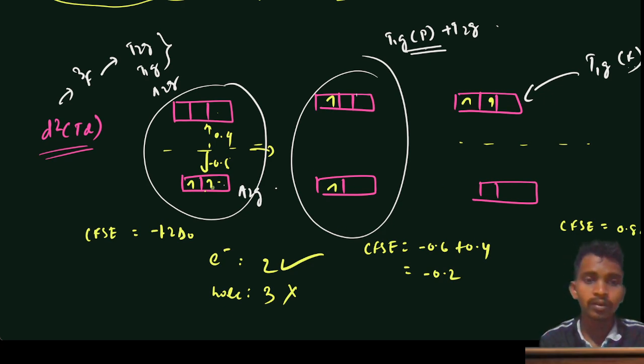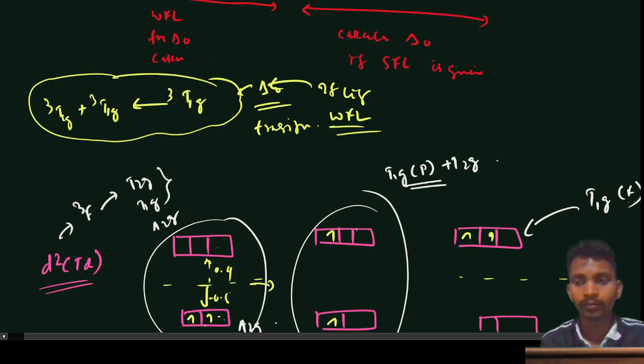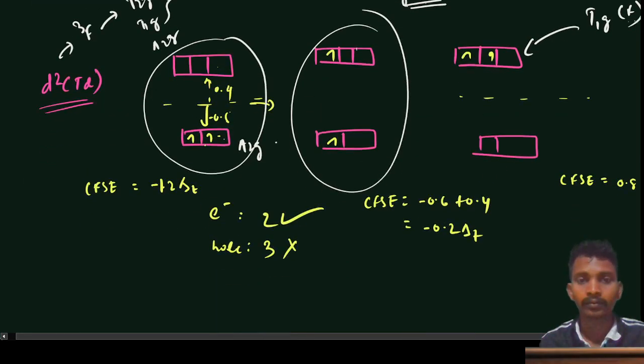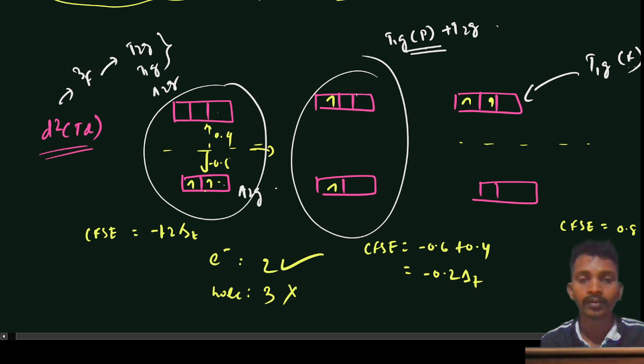This is not delta knot, this is delta T, because we are talking about tetrahedral. If I make a mistake anywhere and write delta knot, please correct it to delta T. Now we will draw the Orgel diagrams.